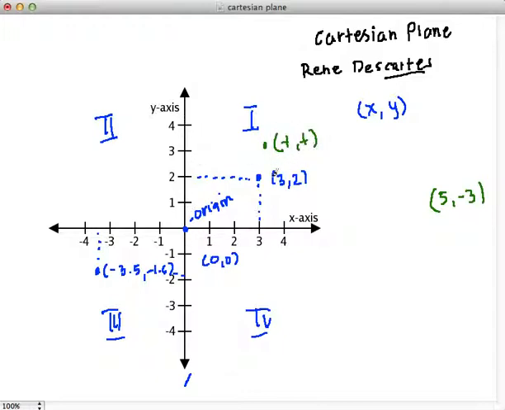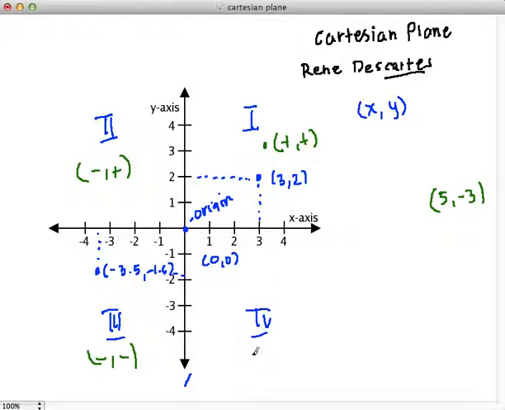If you are in quadrant 2, unahin yung x, remember, nasa negative ka, and then yung y mo nasa positive. Next, pag nasa quadrant 3 ka, pareho kayong nasa negative. So, negative yung x mo, and then negative yung y.